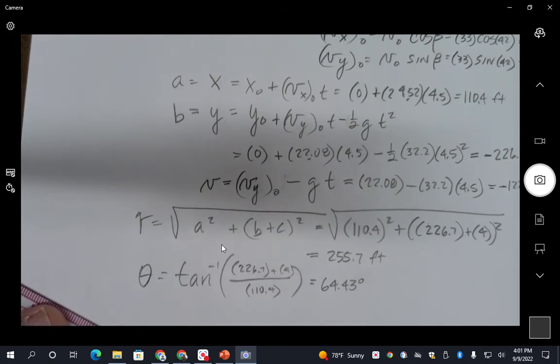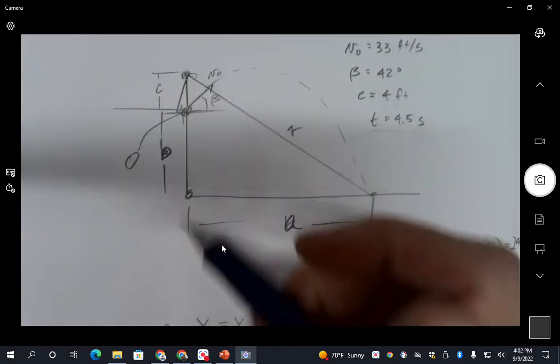I just have a quick question. Yes, sir. When calculating the angle, it also doesn't matter that it's 226? No. Or are we making that height positive because we're setting the origin at that bottom left corner? No, I'm doing it just out of convenience and habit.